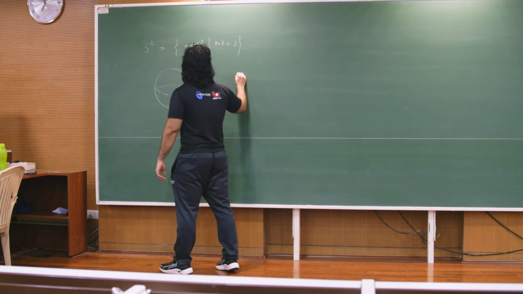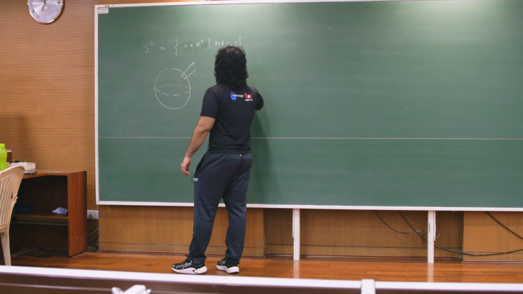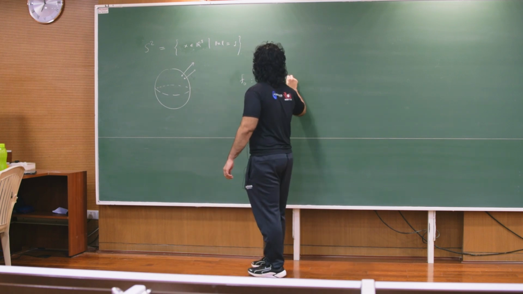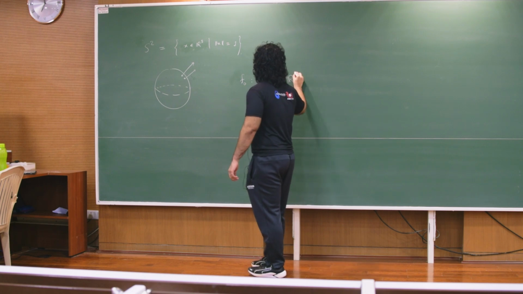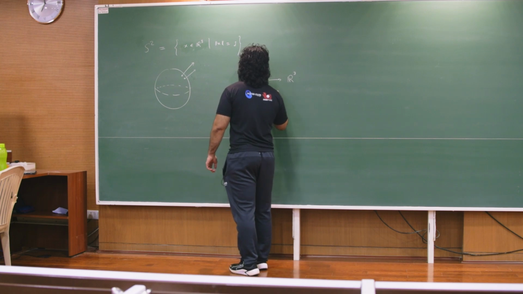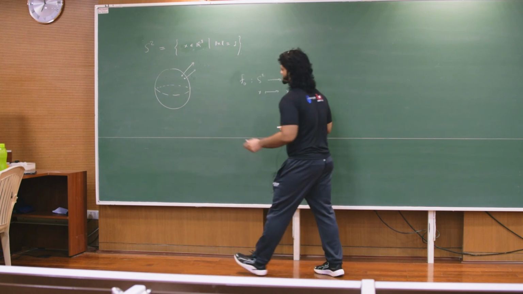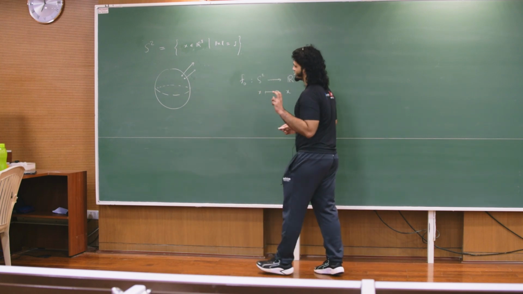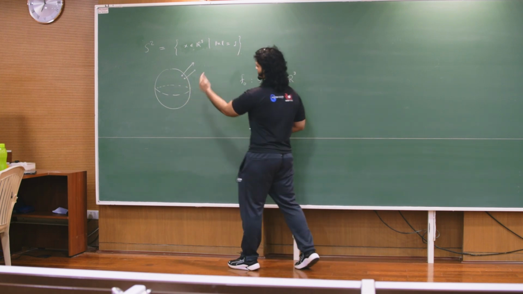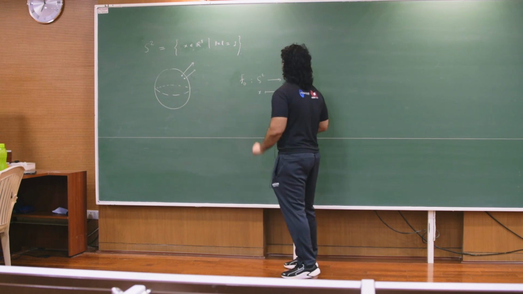So we have an initial function from S2 to R3, which takes each point x to the vector x. Here the first x is to be thought of as a point on the sphere, and the second x is the hair sticking out at that point.